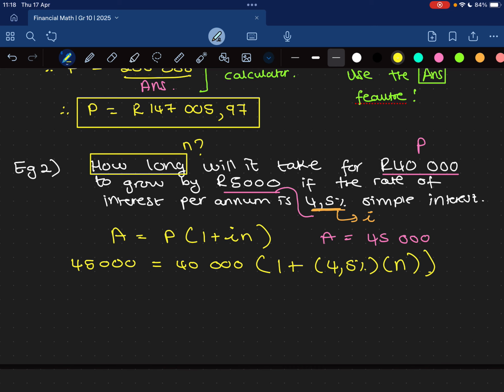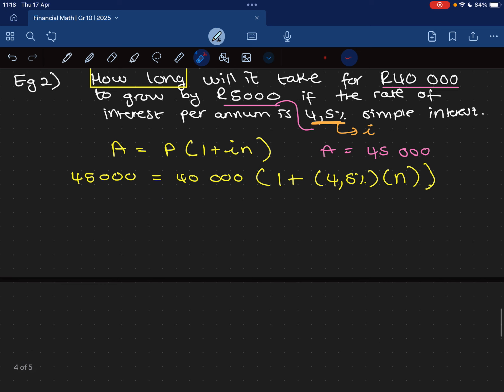So now we are trying to solve for N. So what I recommend that you do is that you solve it slowly by doing the things that you know. So I first see, well, this is 40,000 times this. So you want N on its own. So first get rid of what's outside of the brackets, which is this 40,000. So we're going to divide both sides by 40,000. That is our first step.